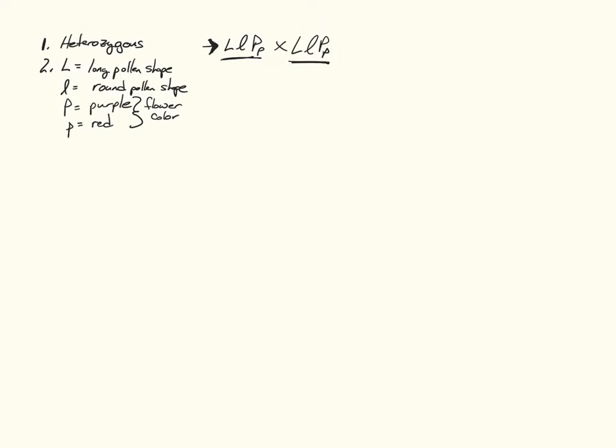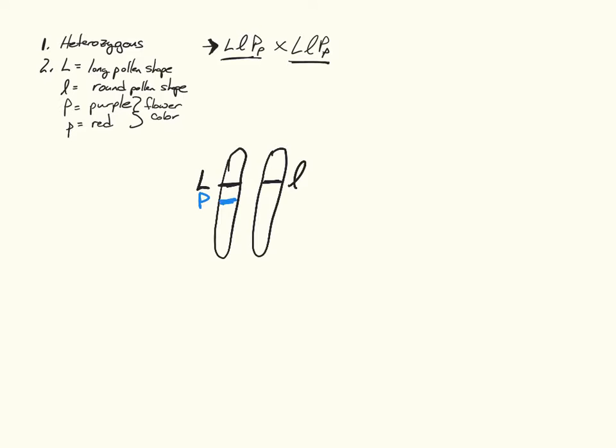Somebody had to have taught you what it means to be heterozygous. You have to have known where these genes are in a chromosome. So you have to know that both of these parents have two chromosomes, right? One from their mother and one from their father. And let's say the two dominant genes are next to each other, a big P and a big L. And what are the genes on their other chromosome?